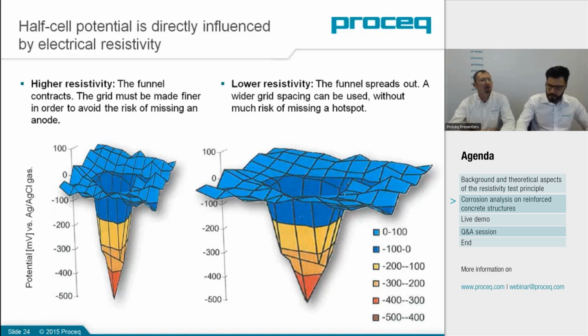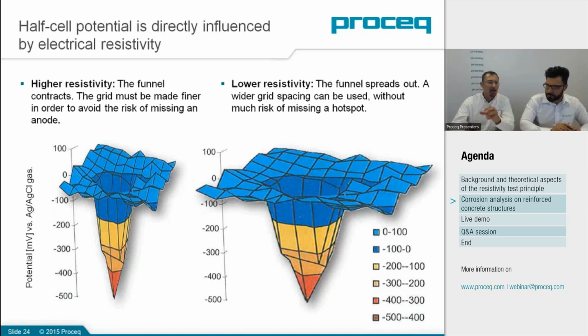There are, of course, some indicative recommended grids. A typical one in Europe is 25 by 25 centimeters. Others might just say go larger and then go finer if you find some gradients. But the general concept is that I have to have an indication of how broad or how fine I have to be.